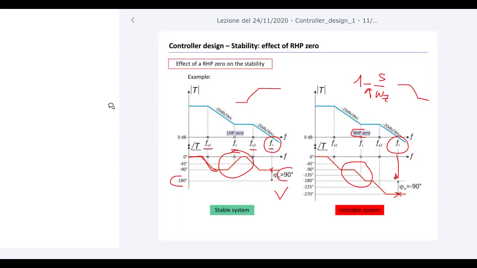That, if you compare to 180 degrees, leads to a negative phase margin. So this system is not stable at all. Okay? So this is the reason why I cannot use the boost and the buck-boost in CCM. Because in that situation, you have a right half plane zero that can lead to instability of the system. Okay?